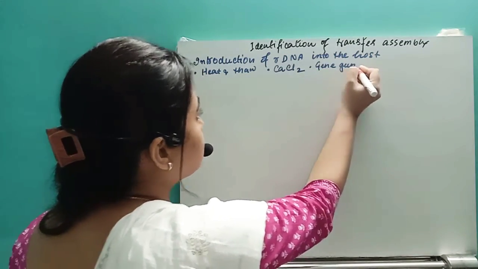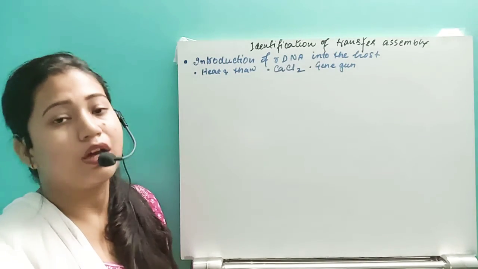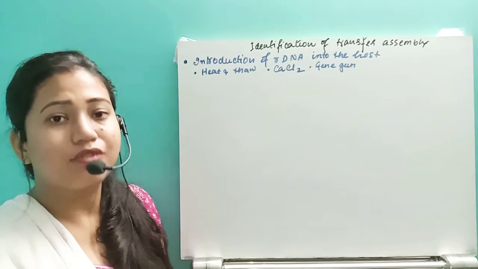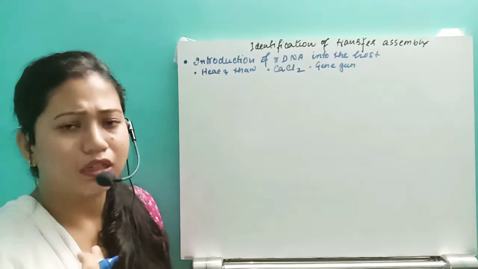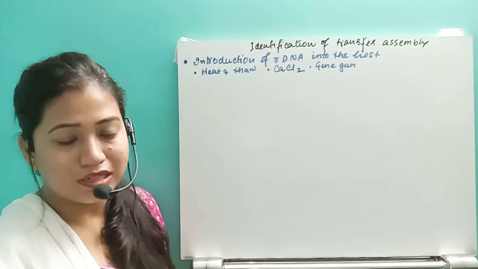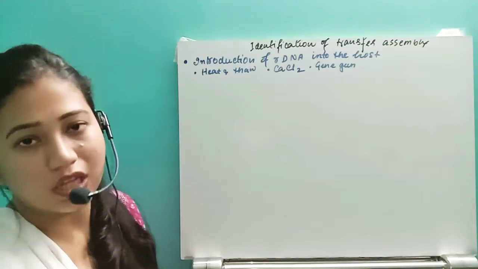Gene gun method means the non-reactive metals like gold and tungsten are layered with rDNA, and it is directly injected as high velocity microparticles of gold or tungsten. That is the gene gun method.